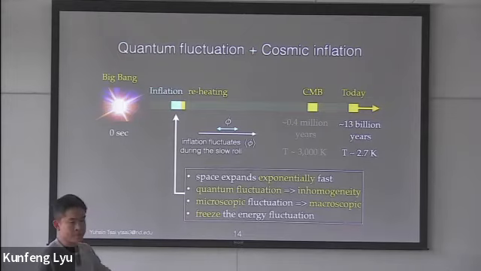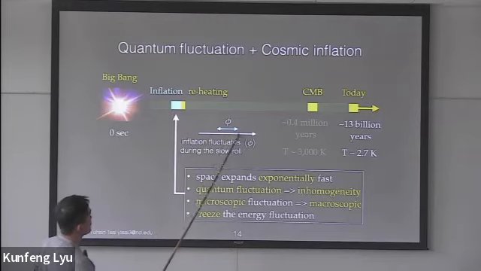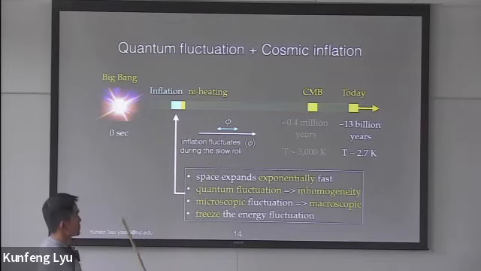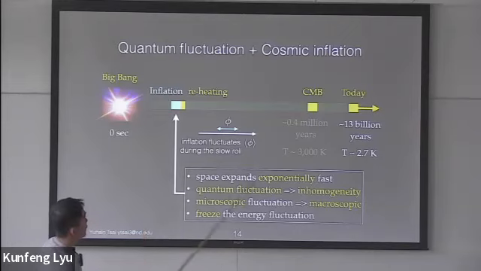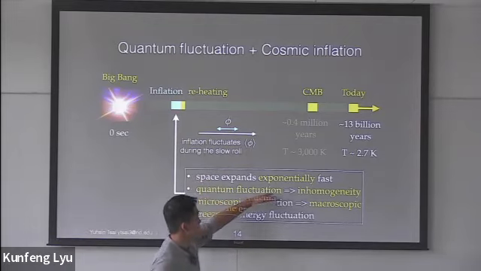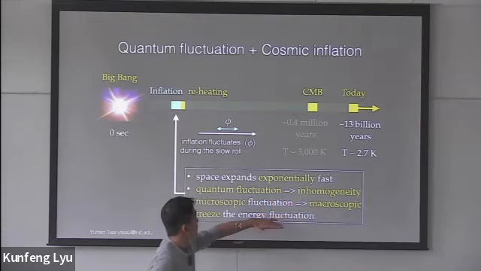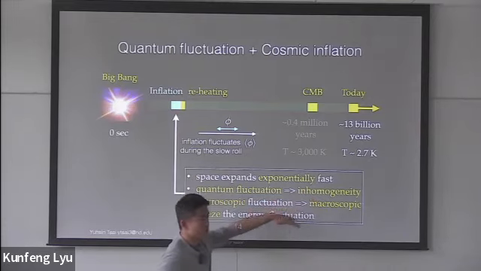The standard paradigm for the anisotropy of all the signals we see today is from the quantum fluctuation of the inflaton. That's the best scenario we have so far. The idea is that when the inflaton was rolling on a very flat potential, it both drives inflation, so the space expands exponentially, and the inflaton also jiggles as it slowly rolls. That quantum fluctuation will generate inhomogeneity.